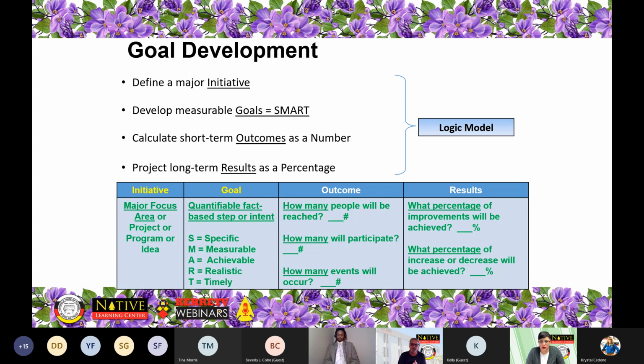We're going to use SMART goal development to break down major initiatives that every organization has into doable tasks or baby steps, whatever you want to call it, to fulfill that process step by step, methodically, and then hopefully transition it into a strategic plan or use it as part of our strategic plan. So that's what I talked about. Go to the next slide here.